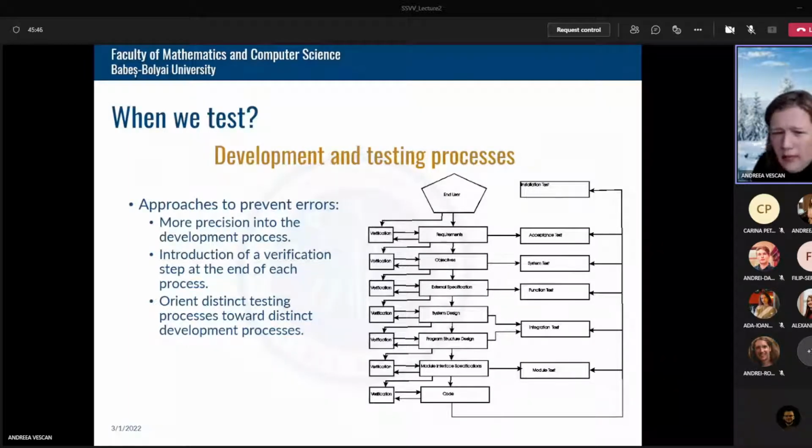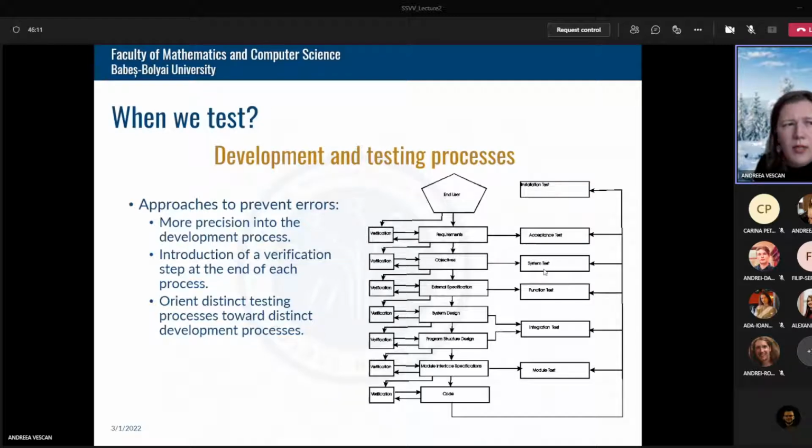documents or artifacts. And also in the testing process, for each step of the development, there is also a testing phase. For example, in order to validate that the proper requirements were implemented, we have acceptance testing, right? In order to see that all the objectives of the application were fulfilled, we need system tests, right?